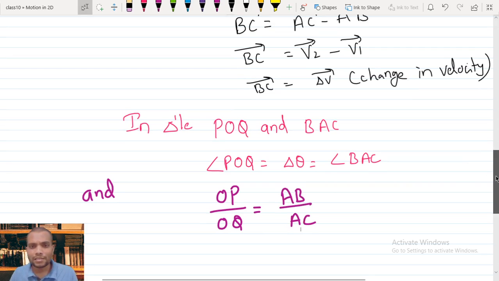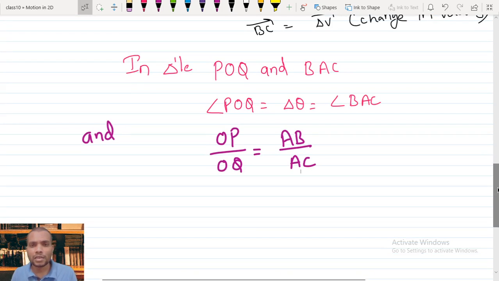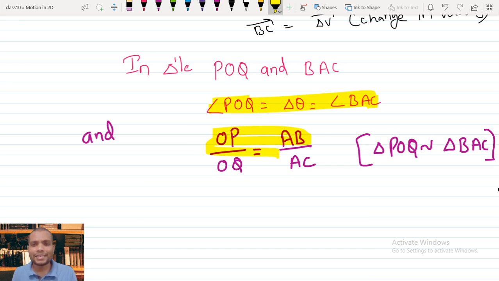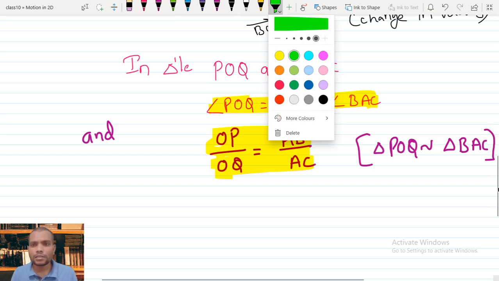With the ratio of sides and one angle equal, we can say that triangle POQ is similar to triangle BAC. So from these two points, one of the angles and the side ratios being equal, we conclude that these are similar triangles.